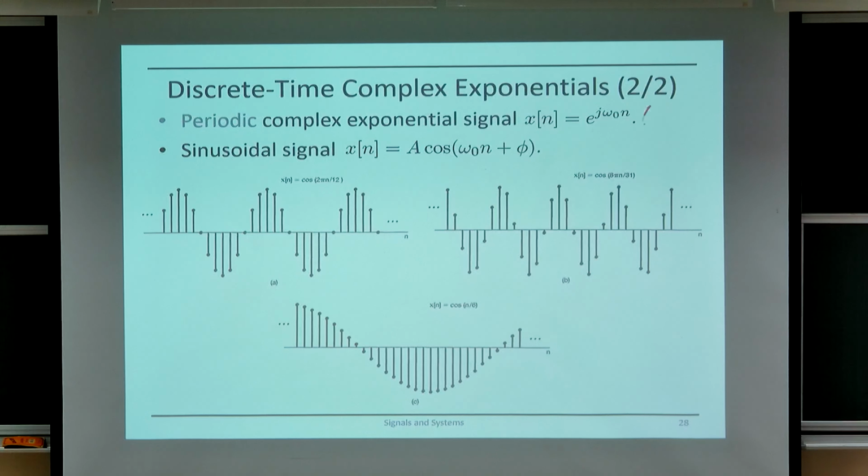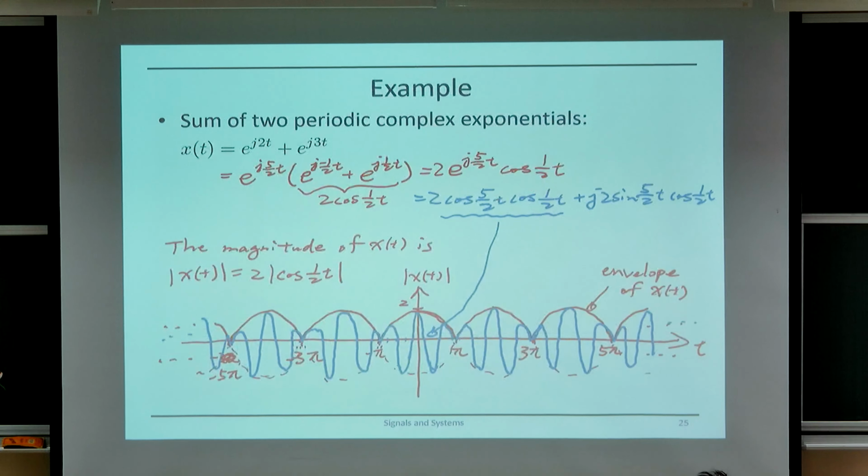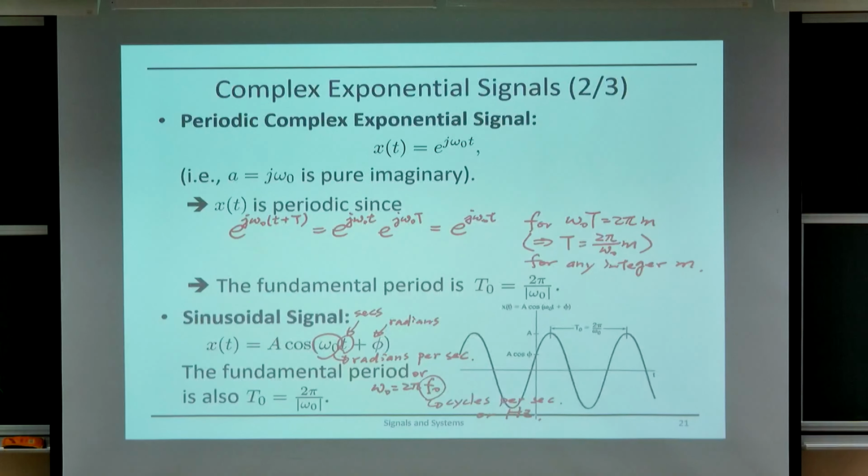So in this case, you're looking at alpha with an imaginary exponent. This is analogous to the periodic complex exponential signal that we had in the continuous time case.